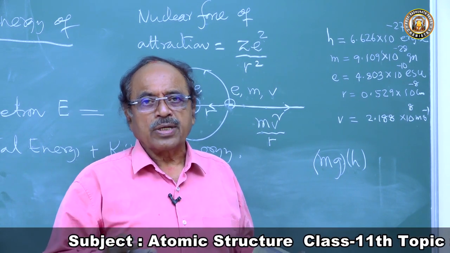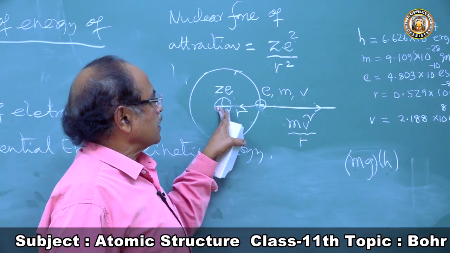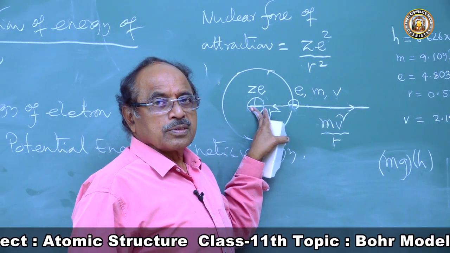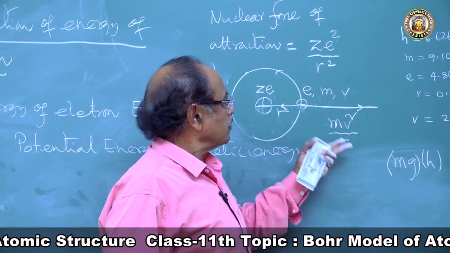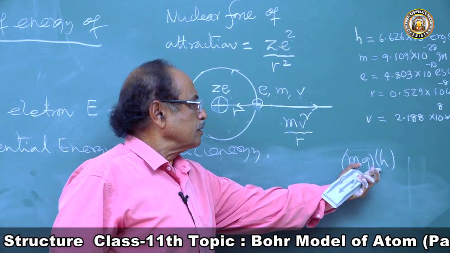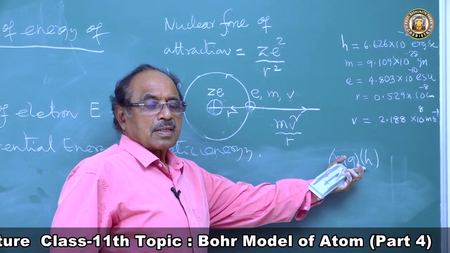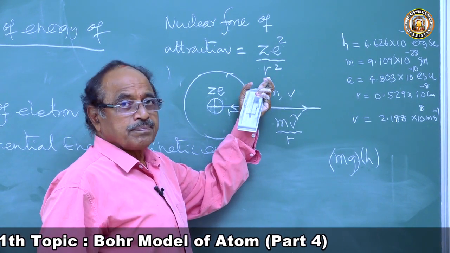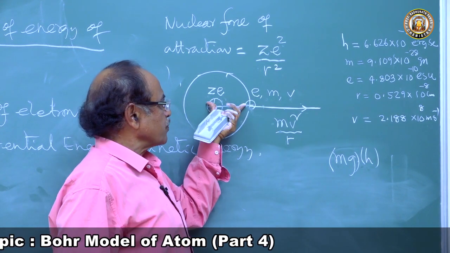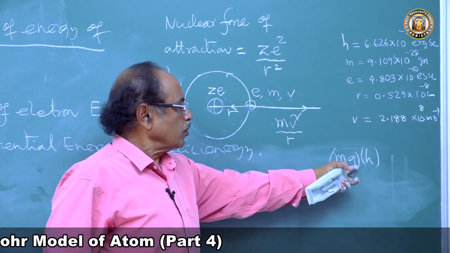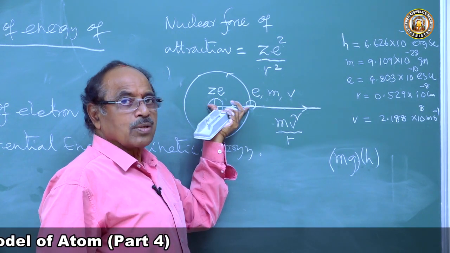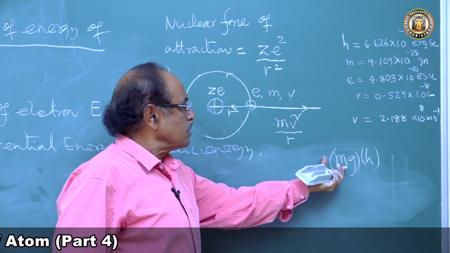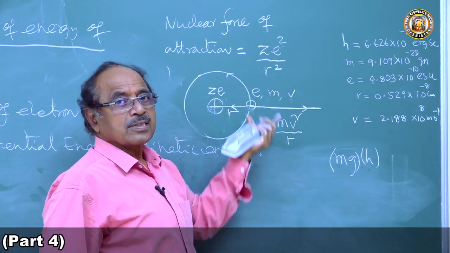Now think about the atom. Here the radius will be the h, and the force of attraction is Z e square by r square. The radius is r, so we put h equal to r, and this mg will be equal to Ze square by r square.